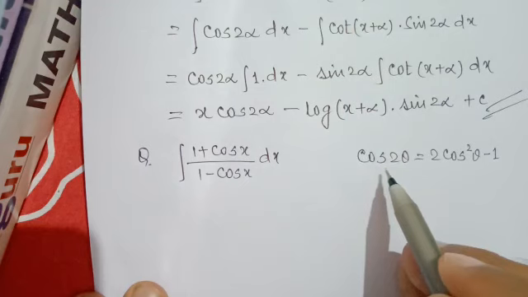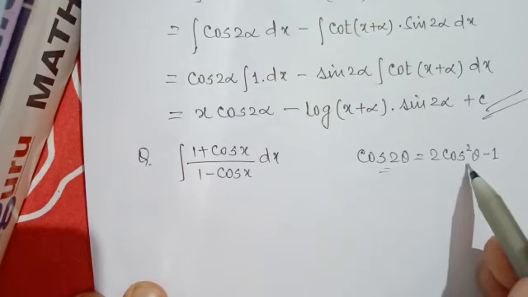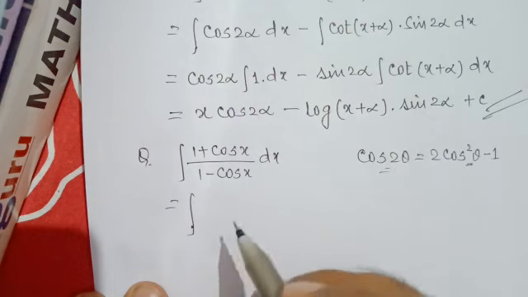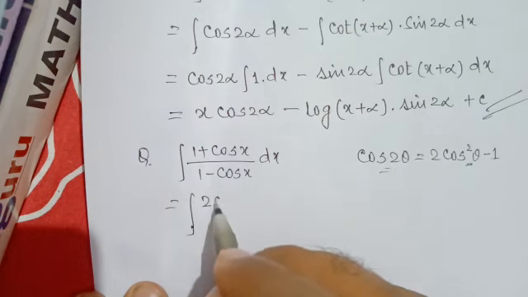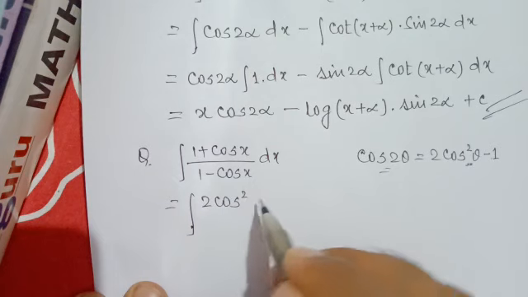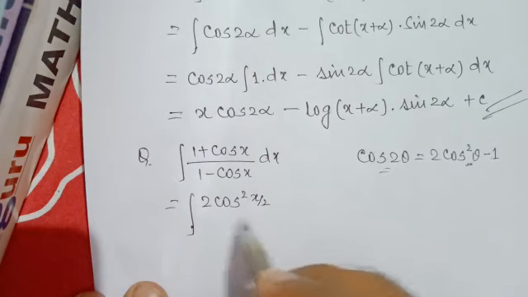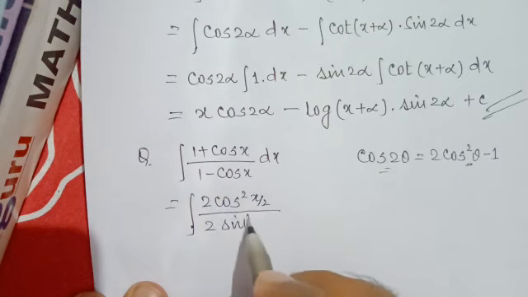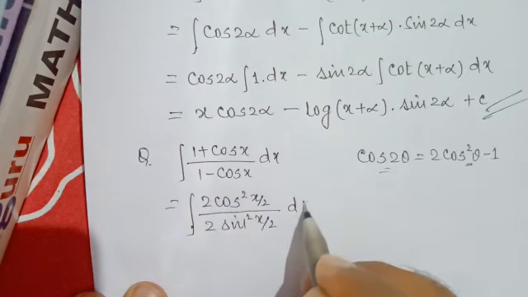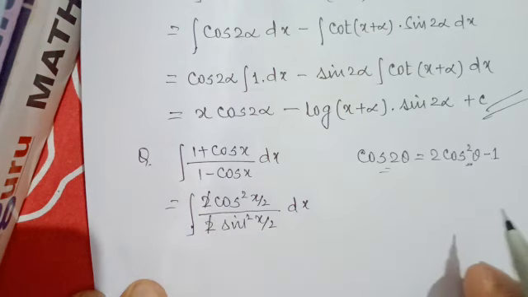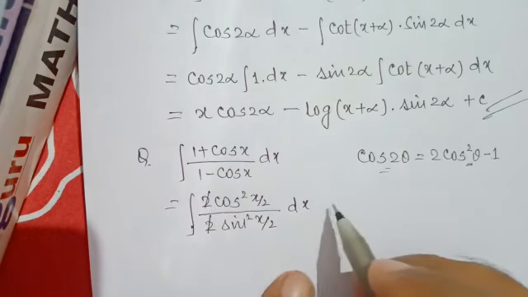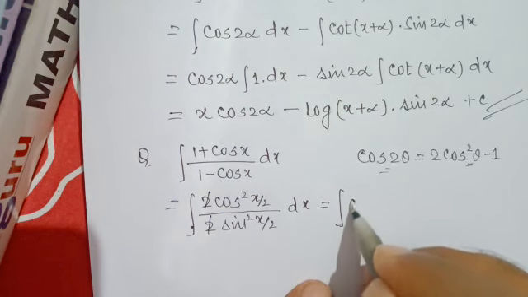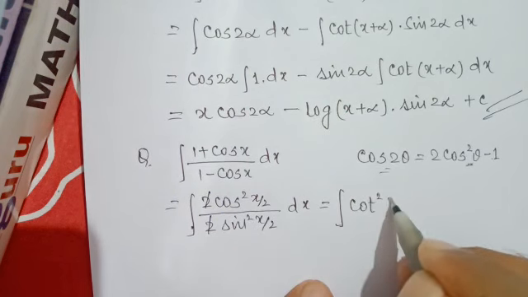If 2 theta is x, then this becomes x by 2. So already you know these formulas, 2 cos square(x by 2) upon 2 sin square(x by 2) dx. 2 and 2 should cancel. So cos square theta upon sin square theta, which is cot square(x by 2).